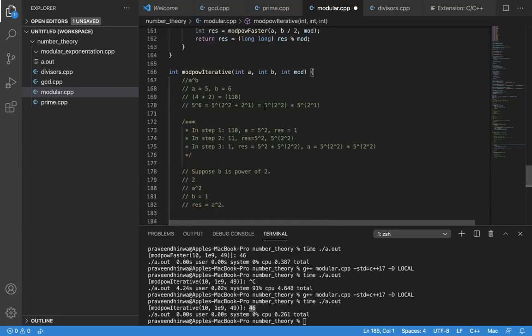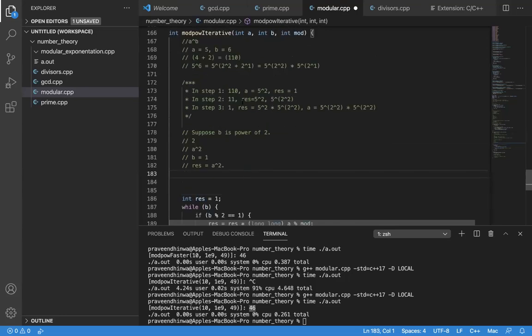So if your number is, let's say, 110 in this case, what was happening is that your final answer should be 5 power 2 power 2 times 5 power 2 power 1, because you go over the bits one at a time. When the bit is 0 you don't need to do anything, just A will become 5 power 2 power this thing.